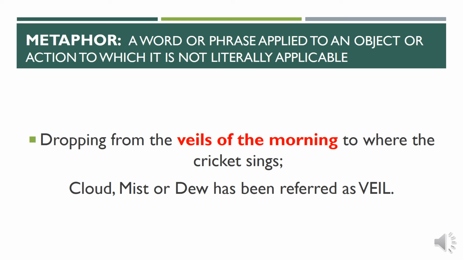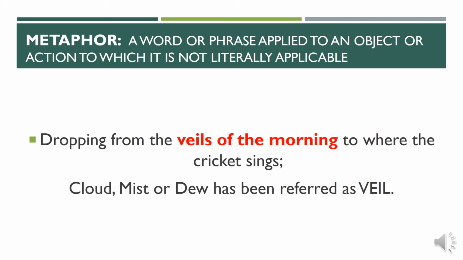Metaphor is the likeness of two things that are not literally applicable to each other. So the metaphor is when we use a word or a phrase and apply it on an object. But the two things we compare together are not literally applicable to each other.